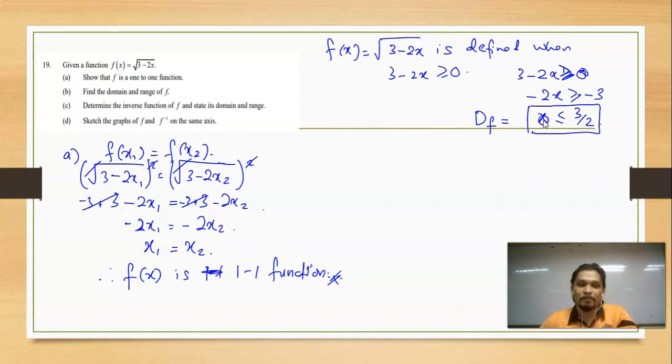And then the graph of this function, the graph of the square root function here, where x begins from 3 over 2, and x less than or equal, meaning that the value of x goes in the left direction, all the negative values here.